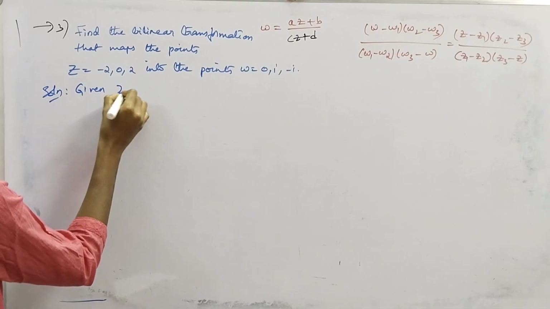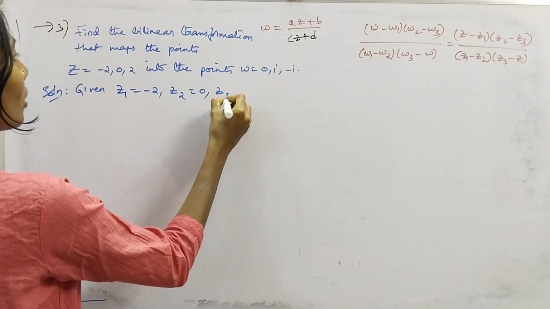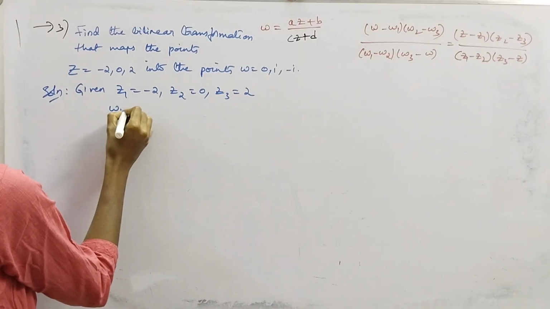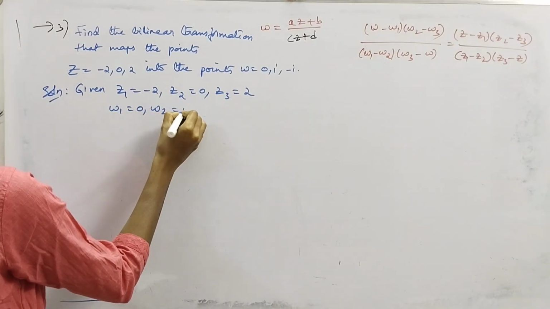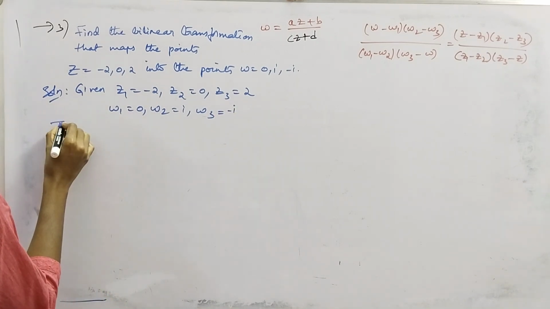Given z1 equal to minus 2, z2 equal to 0, z3 equal to 2, omega 1 equal to 0, omega 2 equal to i, omega 3 equal to minus i.